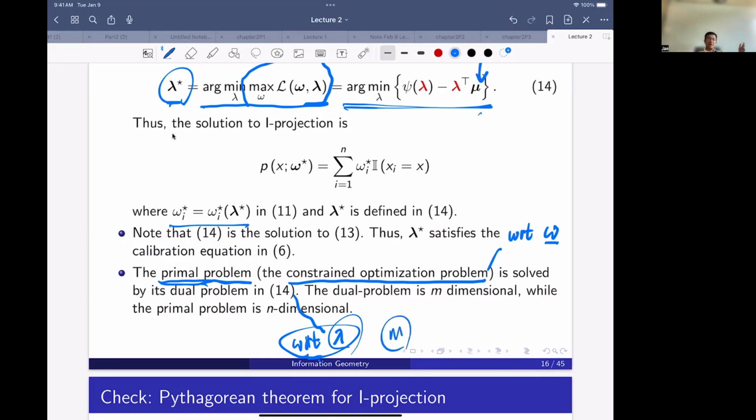The number of equations can be like maybe 10 or 50, so a relatively small dimension. If m is much smaller than n, then the dual problem is much easier to solve than the original problem. Okay.